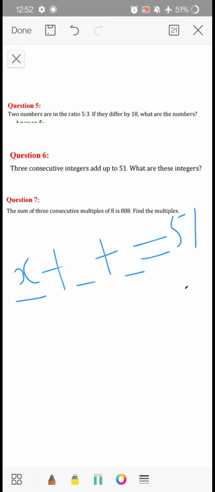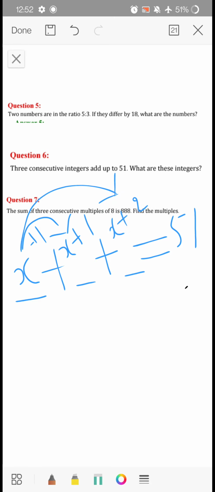If I want the immediate next number, then I will add 1 in the previous. Now I want the number after this, so I will add 2 here, then I will get the next immediate number. So these are the 3 consecutive numbers which add up to 51. So we will get the equation in this way.